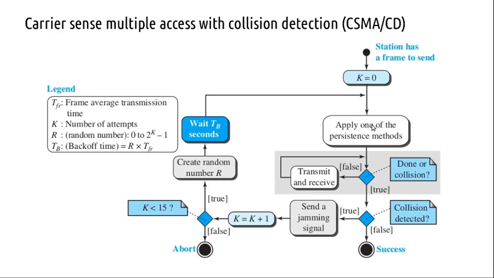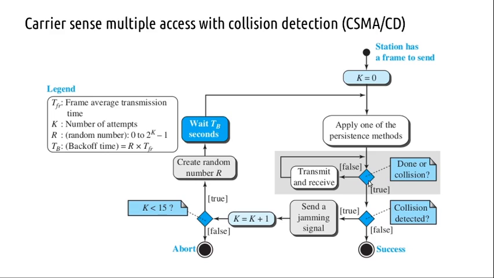It applies one of these persistent methods, either one-persistent, non-persistent or p-persistent, and then it enters into a loop to check whether the transmission has occurred or not.